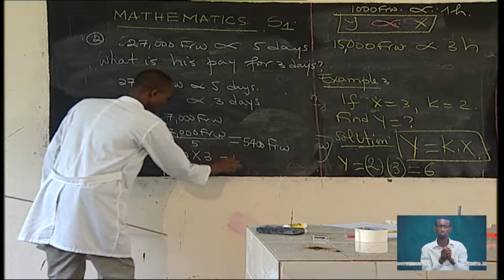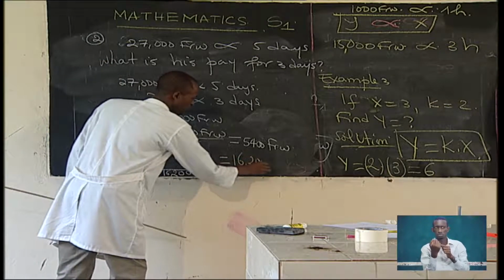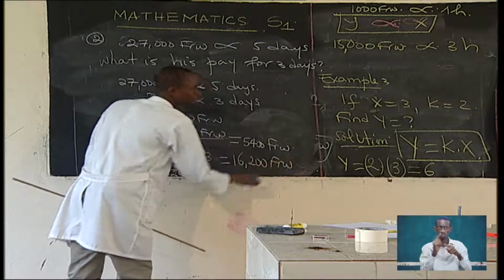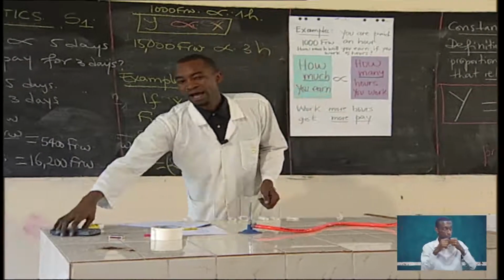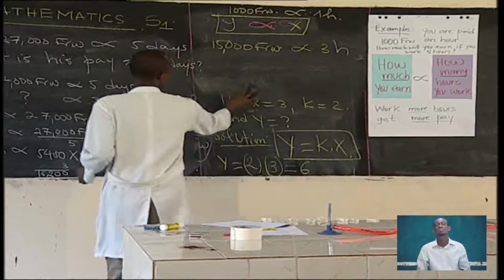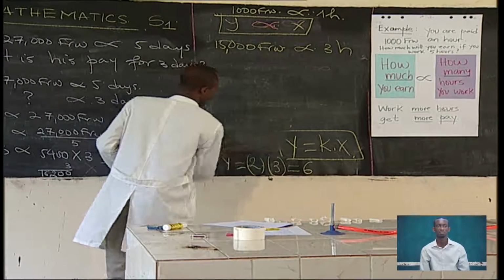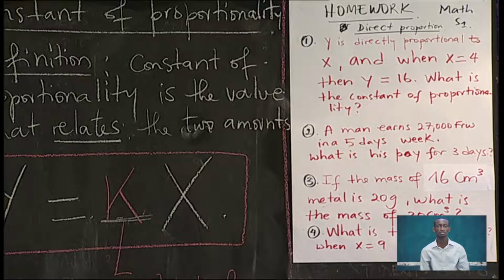He will get 16,200 Rwandan francs. As a summary, it means if he works 3 days, it will be proportional to 16,200 Rwandan francs.